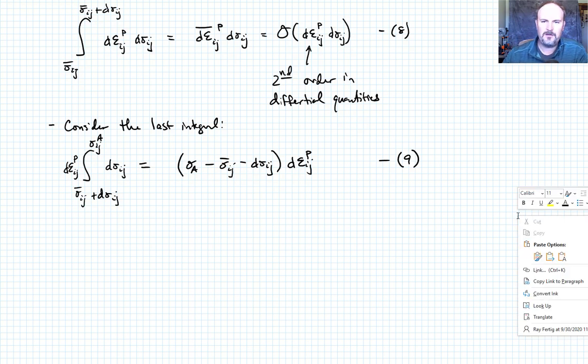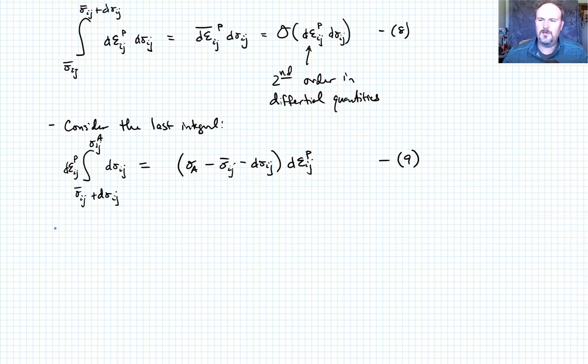So what we do now is substitute equations 8 and 9 back into 7. And remember, 7 looked like the integral around this times epsilon ij d sigma ij.